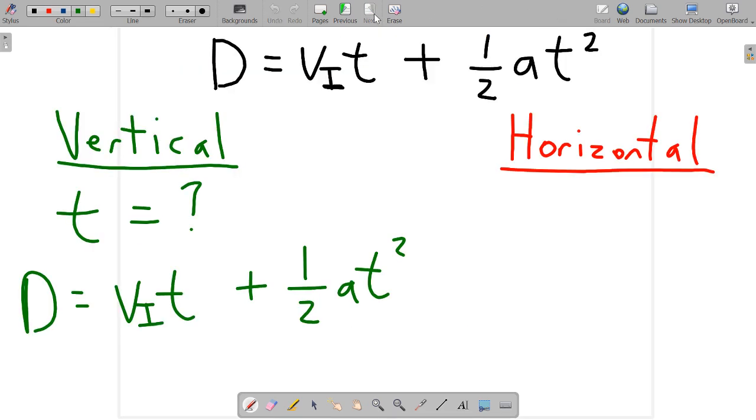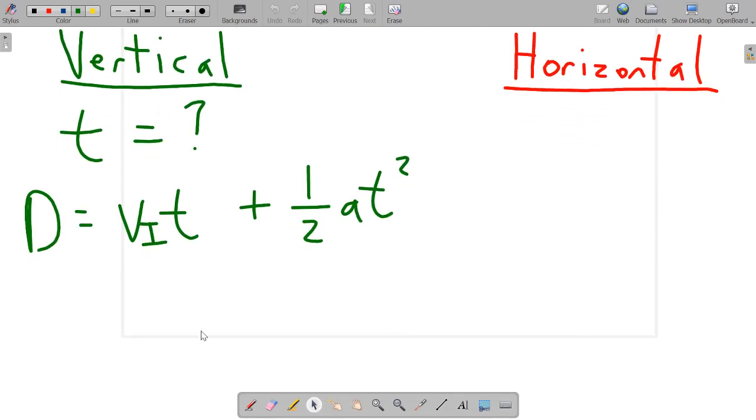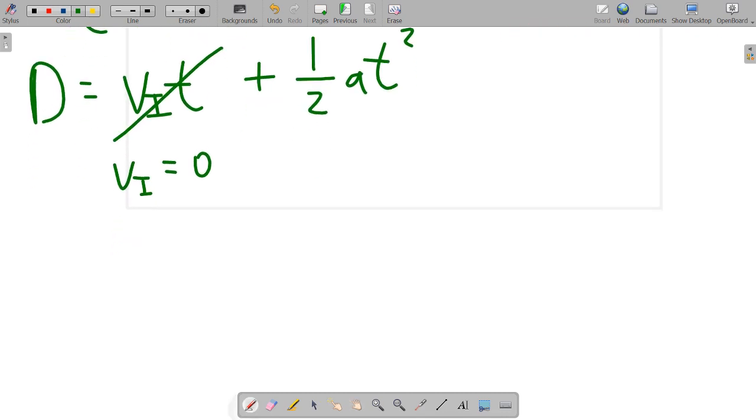So if I come over here and I plug in an initial velocity of 0 into this equation, then that means this part of the equation just goes away, because 0 times some number is just 0. So this equation here just reduces to 1/2 times acceleration times time squared. Okay? And remember, we're focusing on the y direction first.